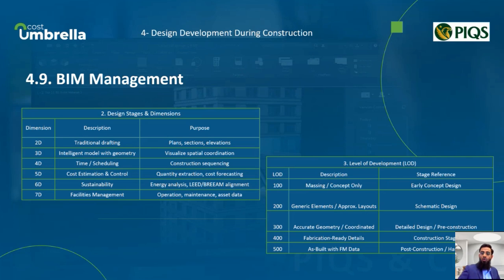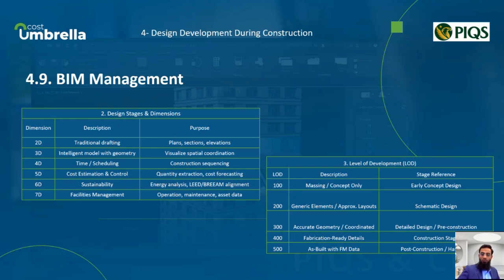BIM is not just about geometry. It adds dimensions like time in BIM, known as 4D, cost in BIM, known as 5D, sustainability as 6D, and eventually asset management, which is 7D. The Level of Development, known as LOD, is a system used to define the progression of detail in a BIM model.